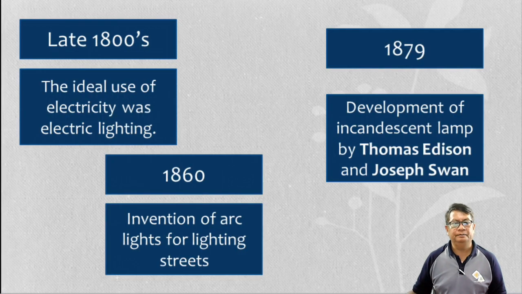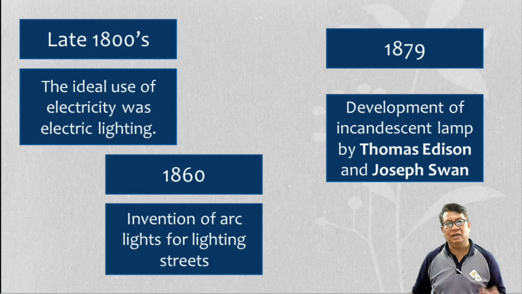Okay, so in the late 1800s, the ideal use of electricity was electric lighting. Yun ang pinakauna yung iniisip nila, na ginagamit lang po yung electricity for lighting, para of course to give light and better intensity of light.